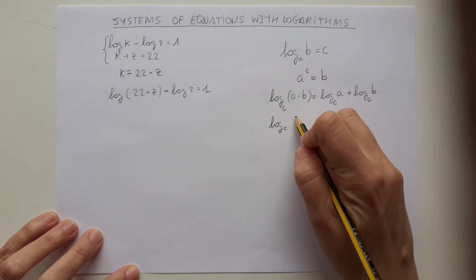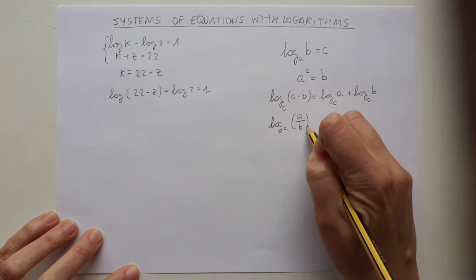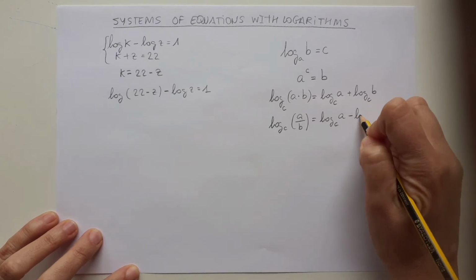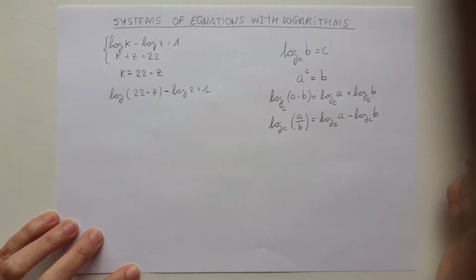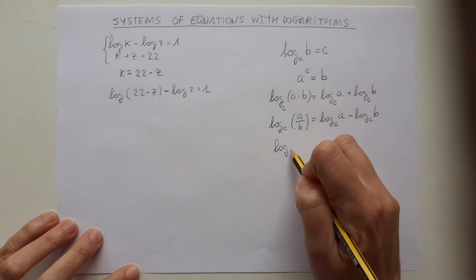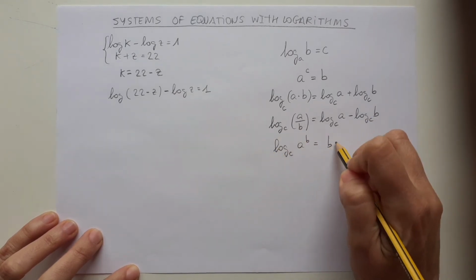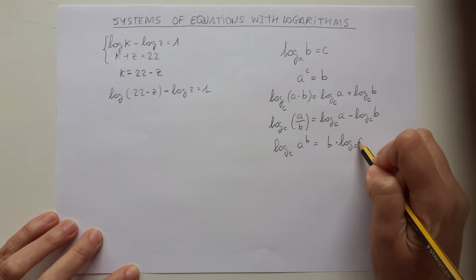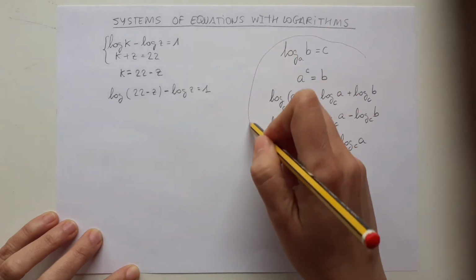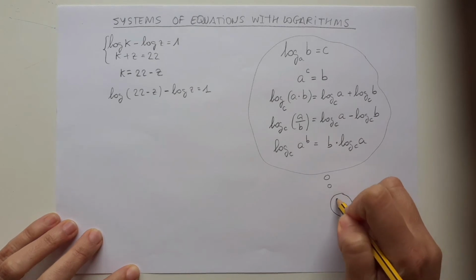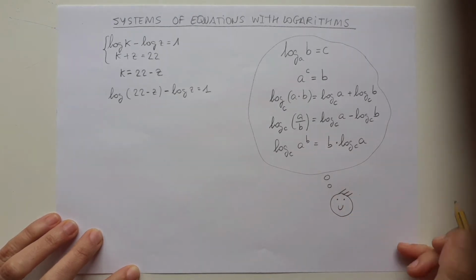Then if we have logarithm base c of a over b, this was logarithm base c of a minus logarithm base c of b. And when we had a power, we could put the exponent in front of the logarithm. So never forget this. You have to be thinking about this.